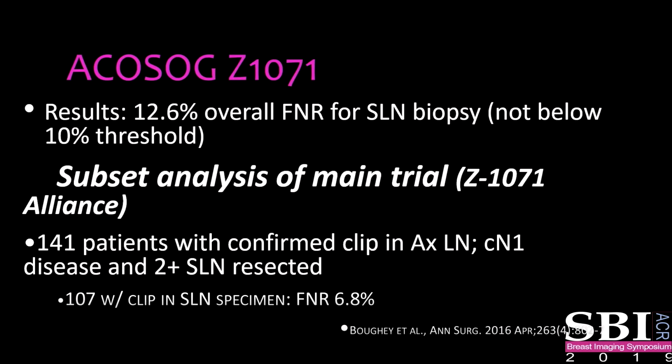And what they found was that there were about 141 patients who had a confirmed clip placed in the axillary lymph node and had N1 disease and had 2 or more sentinel lymph nodes resected. And of these patients, 107 with clip placements were excised, and the false negative rate was 6.8% in these patients.